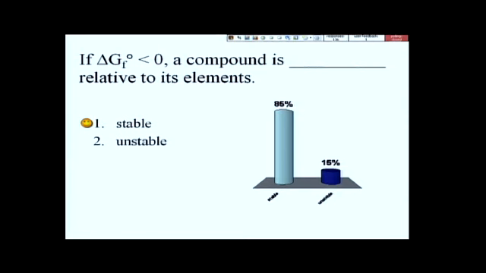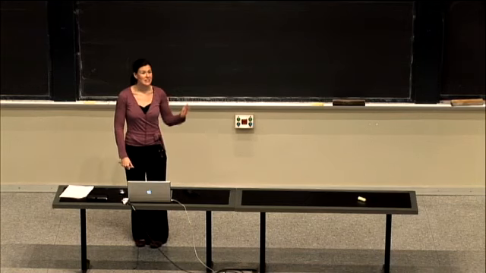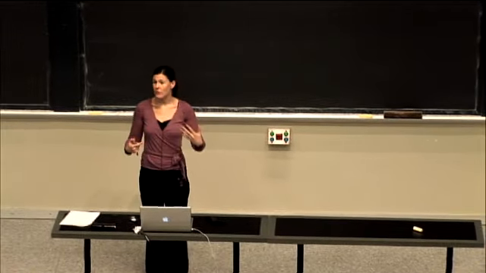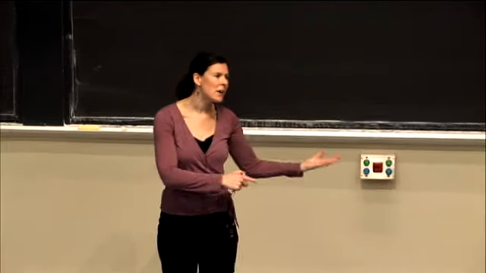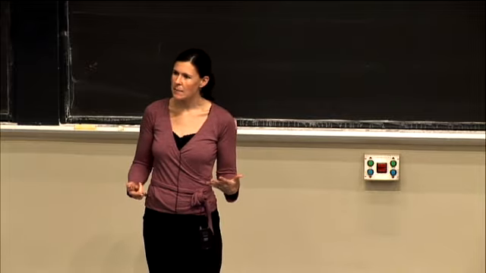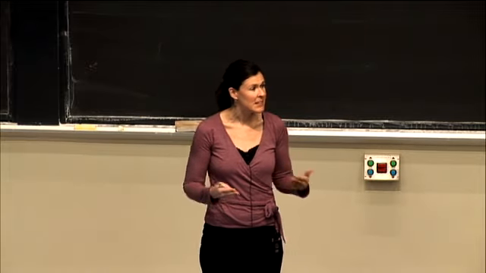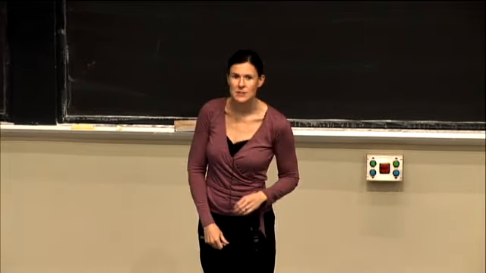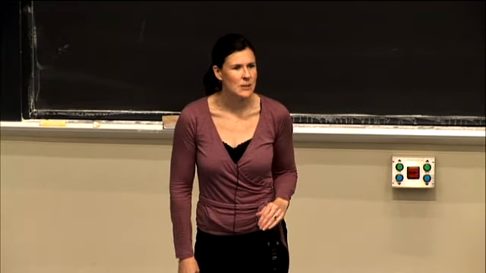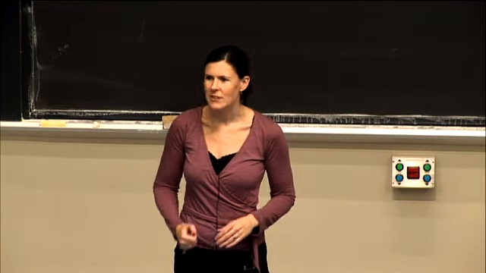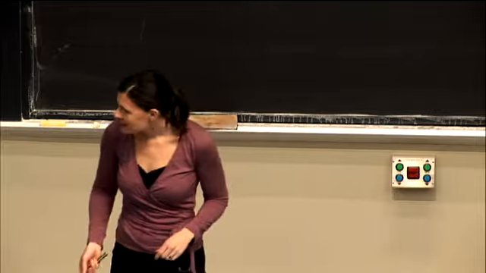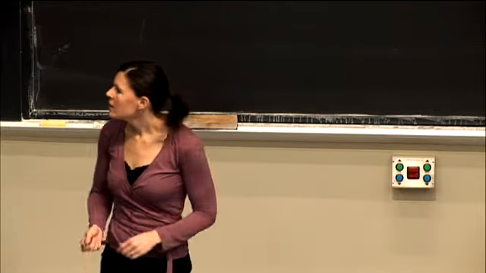But if delta G of formation here is less than 0, that means we're talking about a spontaneous reaction when we form the compound. So if it spontaneously forms the compound, that must mean that the compound is going to be stable relative to its elements. So that's the last thing we went over in terms of topics on Friday, and we'll pick up right there today.